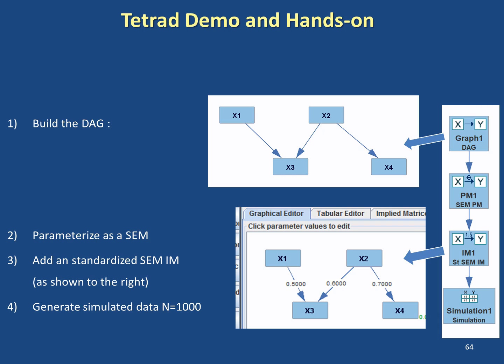So let's do it as a SEM. Easy enough. And let's do it as a standardized instantiated model. Easy enough. All right, let's make everything positive just so it's easy. And now let's simulate data. So I have 1,000 data points, which gives me plenty of sample.